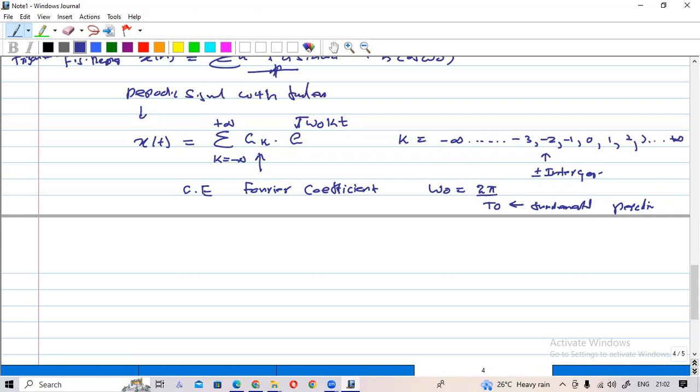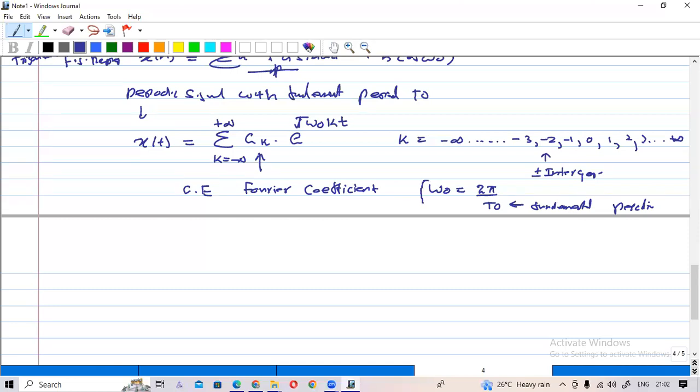This x(t) is a periodic signal with fundamental period T naught, and that periodic signal can be represented as a sum of exponential terms with the Fourier coefficients. This k can be minus infinity to plus infinity, plus or minus integers, and this omega naught we call the fundamental frequency, equal to 2 pi divided by the fundamental period.